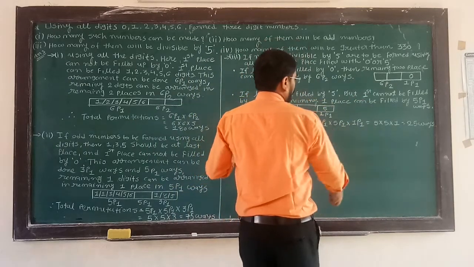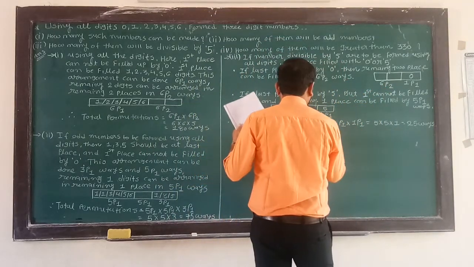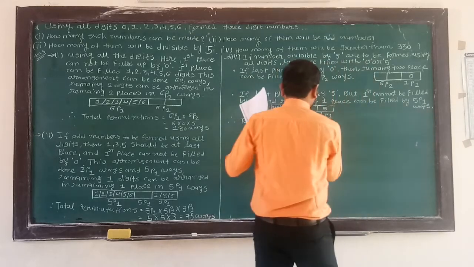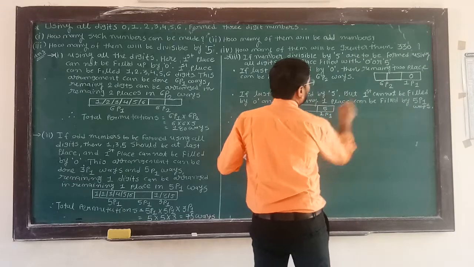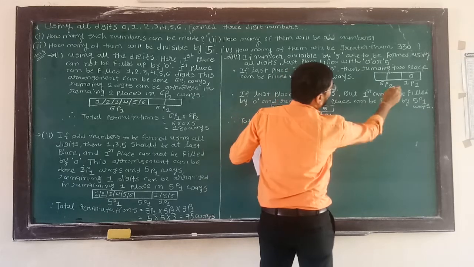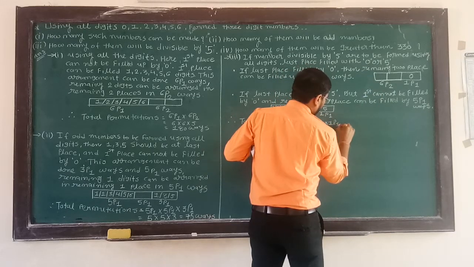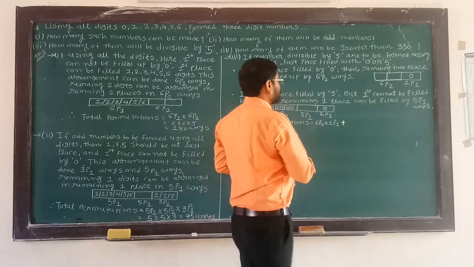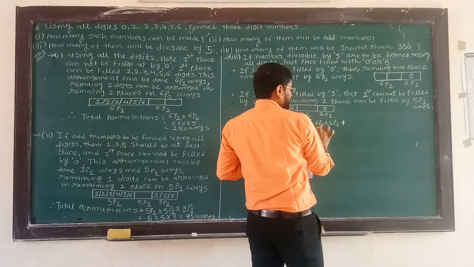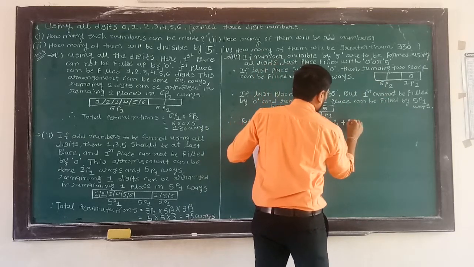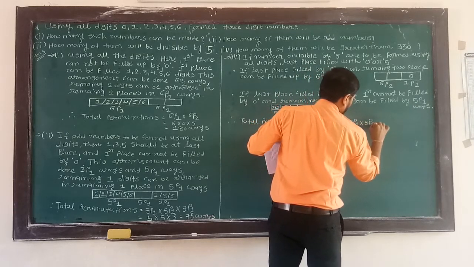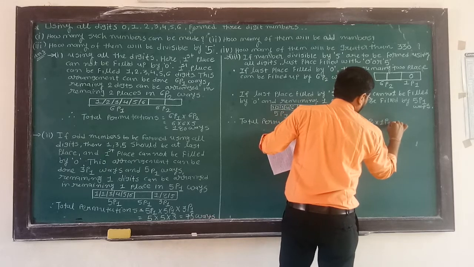So students, one can also be put here. First 6p2 into 1p1 plus, because we have two options, one is 0 and one is 5. 0 means 6p2, 1p1 and another 5p1, 5p1 and 1p1.